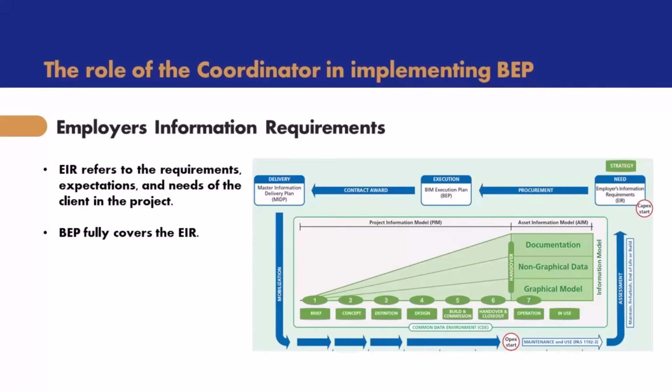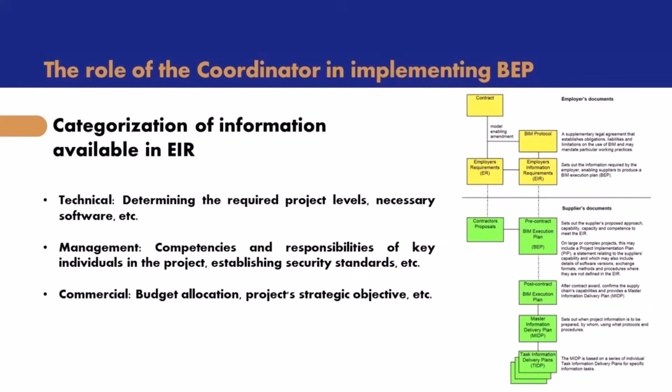Okay, let's get to the next slide. Well, we have three types of information in EIR. Categorization of information available in EIR. The first one is technical, determining the required project levels, necessary software, etc. Well, in this category, we are saying about types of our files and what are the required levels of our project, what types of format we need for the files.